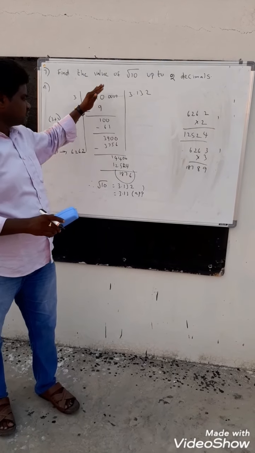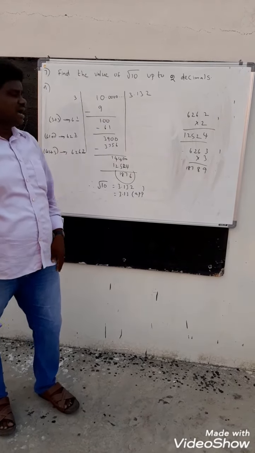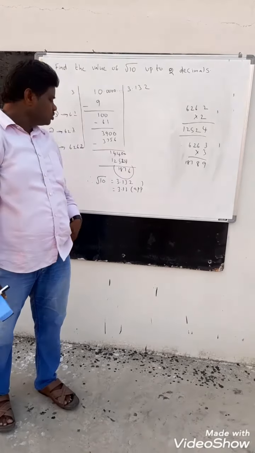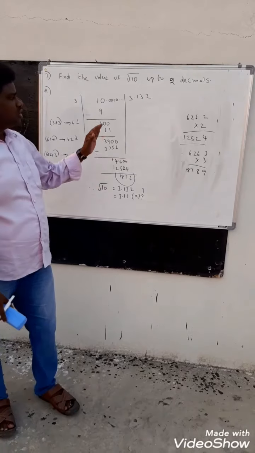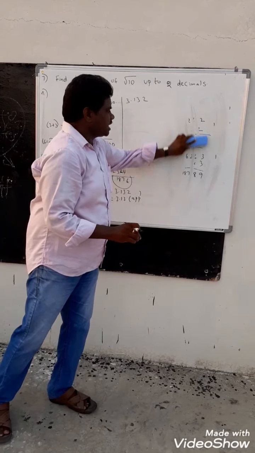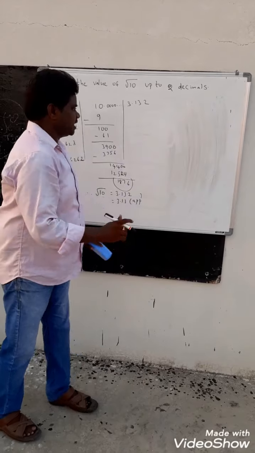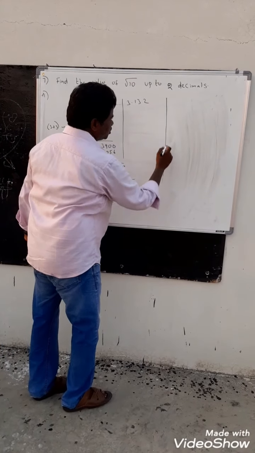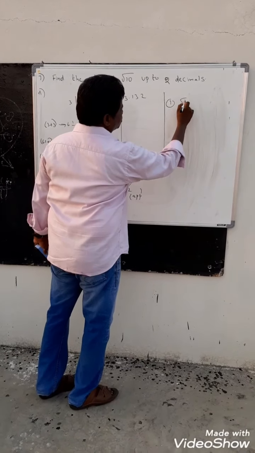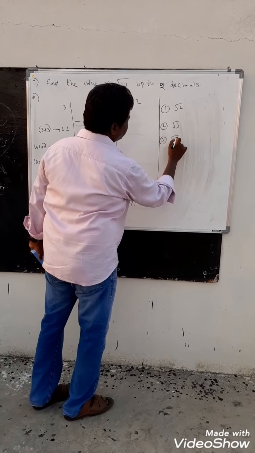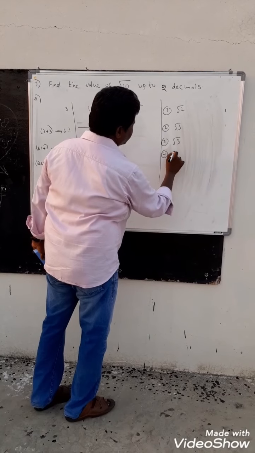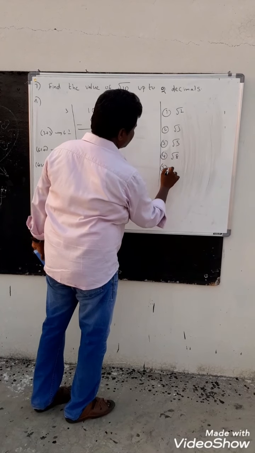So like that, if you follow the steps, you will get the value of root 10 as 3.13 approximately. So based on these problems, try these as homework. Already explained, same model: root 2, root 3, root 5, root 8, root 11 already explained.